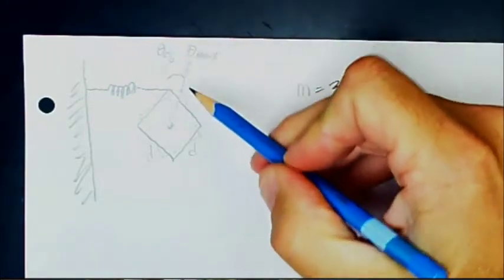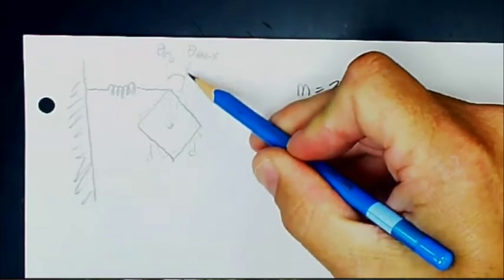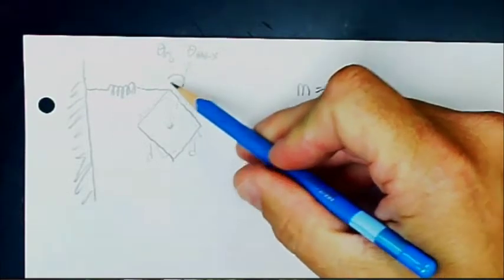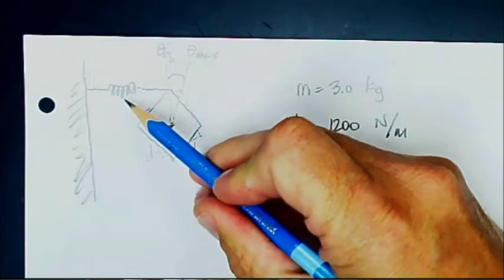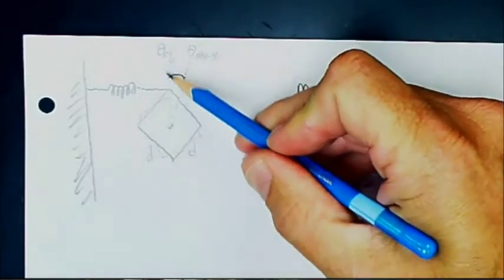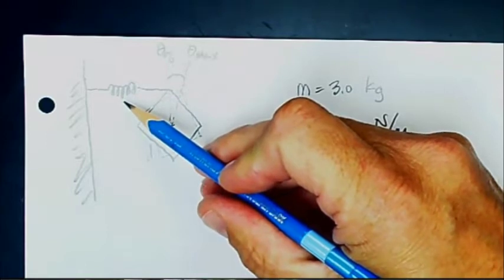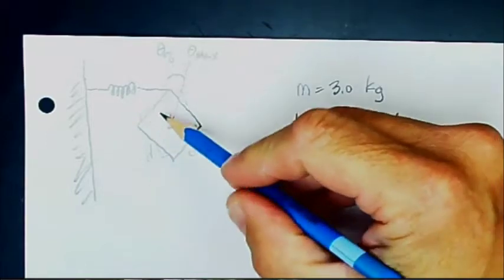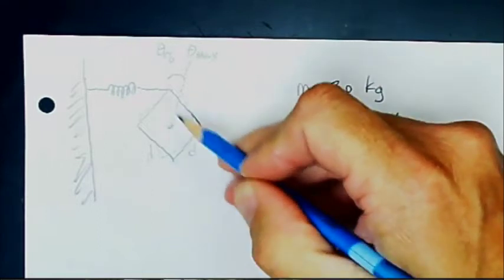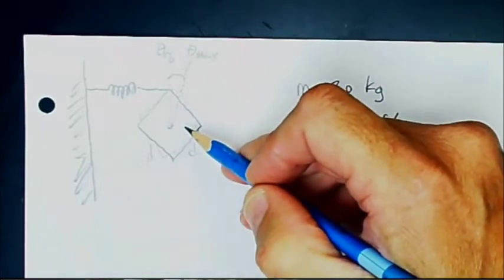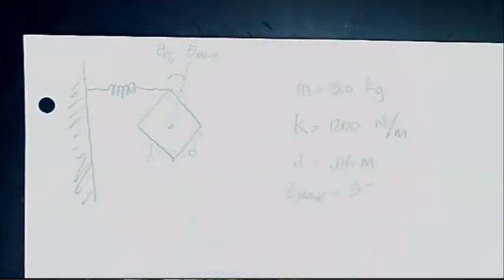I also know that at the maximum displacement, all the energy of the system is stored in the spring. At the equilibrium position, the spring will have no energy stored in it, and all of that energy is in the form of rotational kinetic energy of the cube. So let's use our conservation of energy methods.